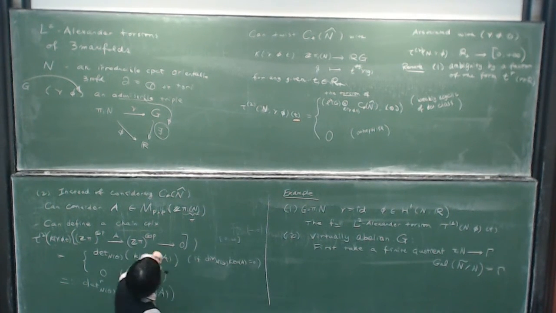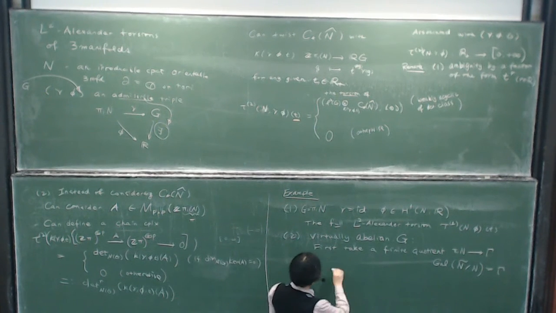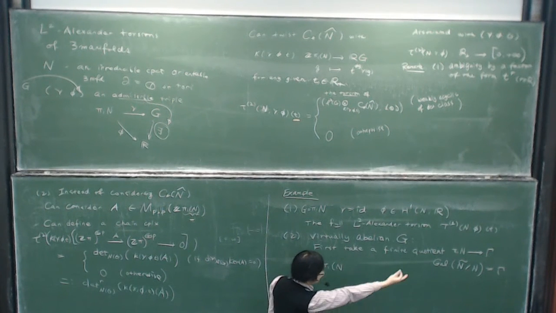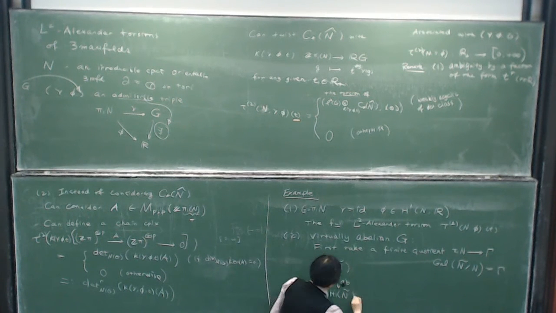Then your actual group G that you want to consider in this case is the extension of gamma by the abelianization of N. So that's something like this here. And it goes to some group G.